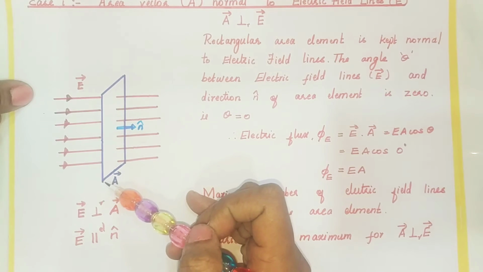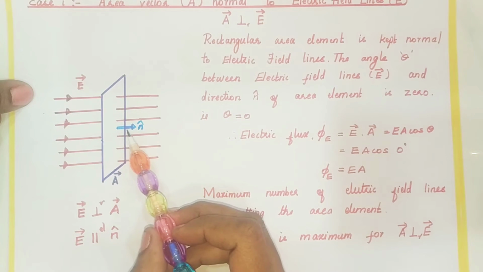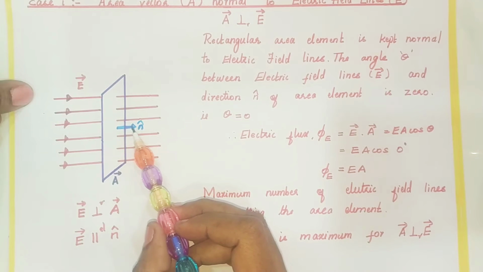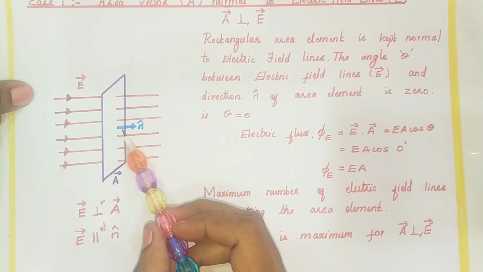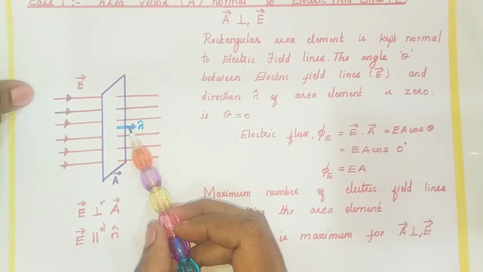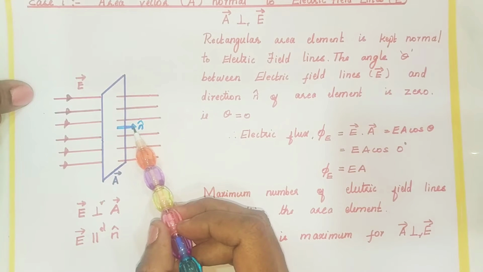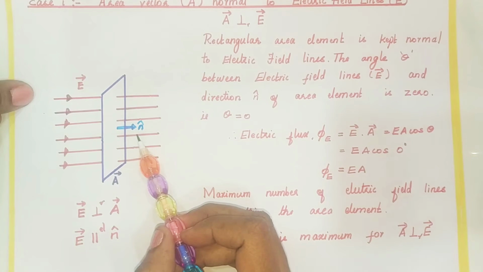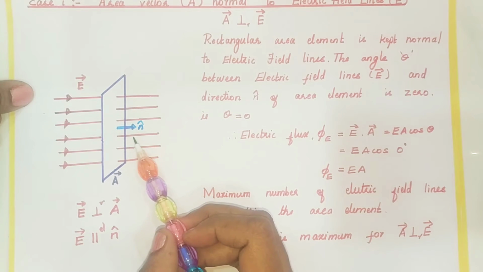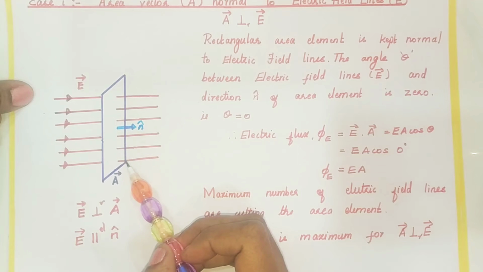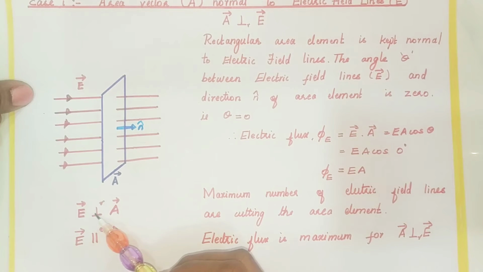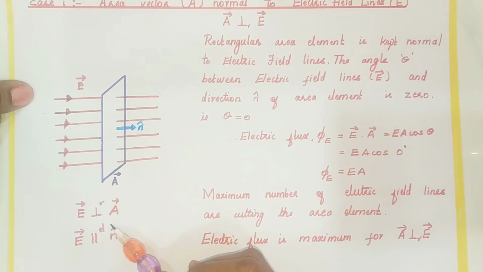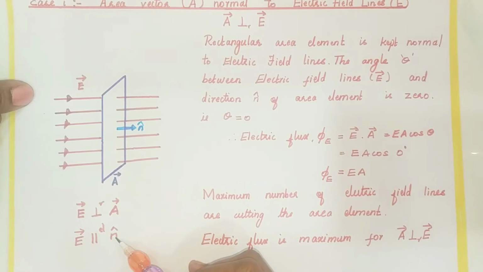For this area element, what will be the direction for the unit vector? It will be pointing perpendicular to the area element. That is, this direction, the direction of the unit vector and the direction of the electric field are parallel to each other. That is, the area element is perpendicular to the electric field and the electric field and the unit vector are parallel to each other.